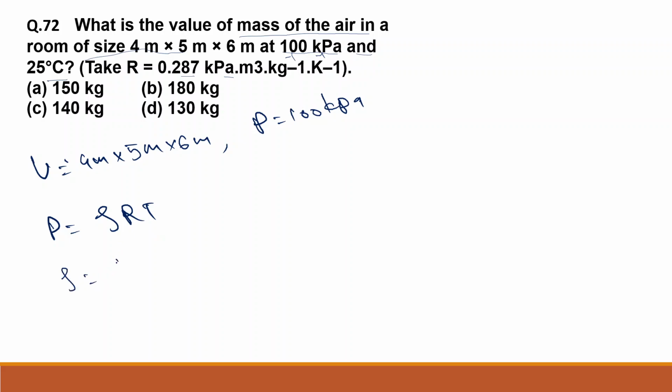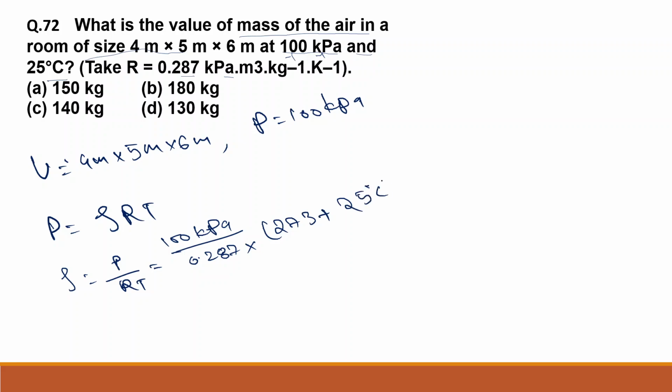Rho is equal to P upon RT is equal to 100 kilopascal upon 0.287 into T. T is how much? 25 degrees Celsius, by adding 273 plus 25 degrees, we will get the answer.